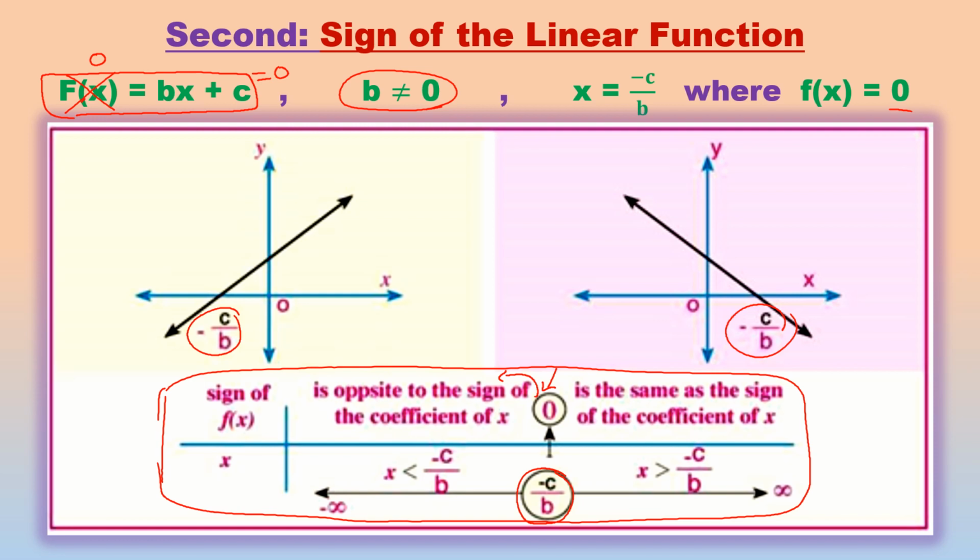Before this zero, the sign is opposite to the sign of the coefficient of x. After it, it will have the same sign as the coefficient. So before, opposite; after, same. Before will be opposite, after will be the same.